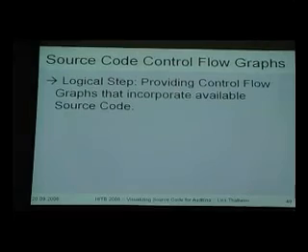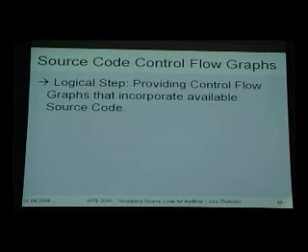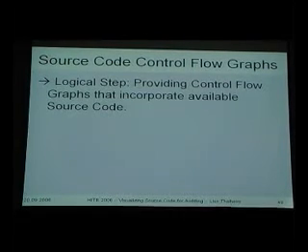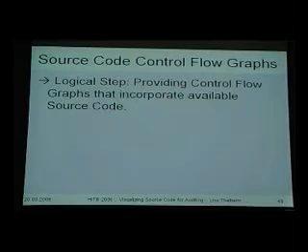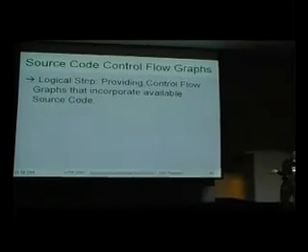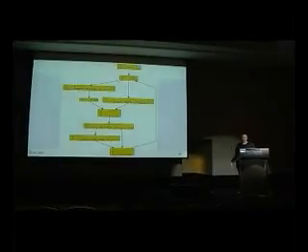So the logical step is to try and provide control flow graphs that incorporate the available source code. I first tried this a year ago, and did the really entertaining thing of thinking I could just do it in Perl in an afternoon, which meant I ended up trying to write an ad hoc parser for C. I saw stars at the end of the night and didn't get much farther, so I decided to let other people do the parsing.